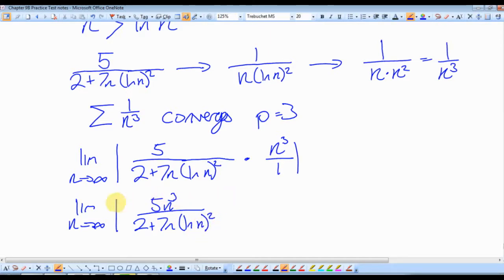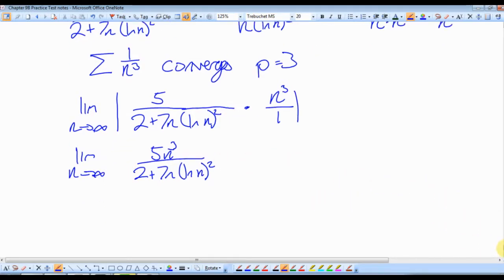Actually, I don't need those absolute values anymore. n's going to infinity. All right, how can I figure out this limit? Infinity over infinity. Yep, L'Hopital.